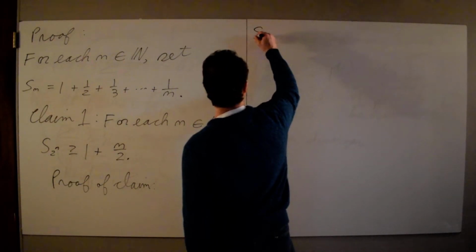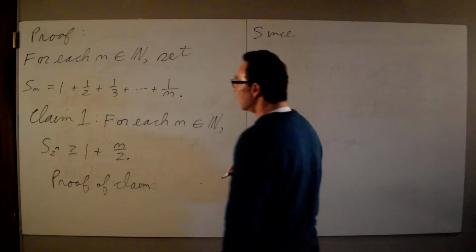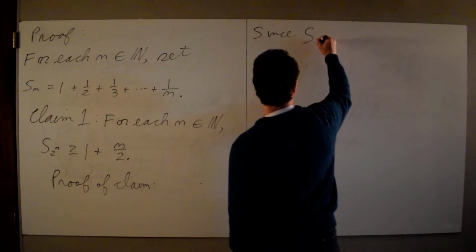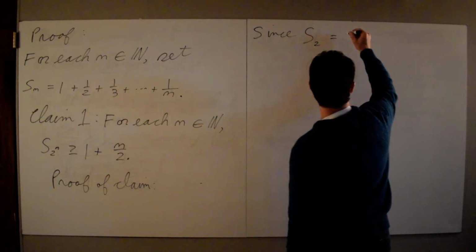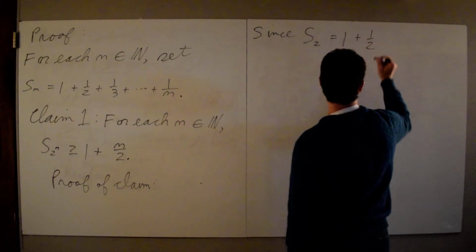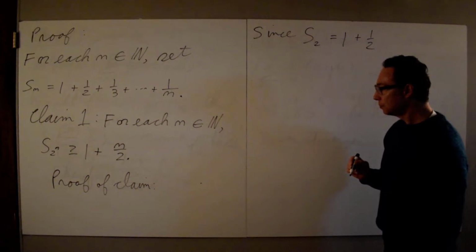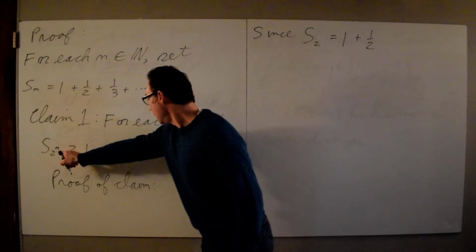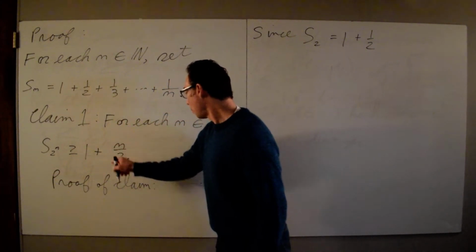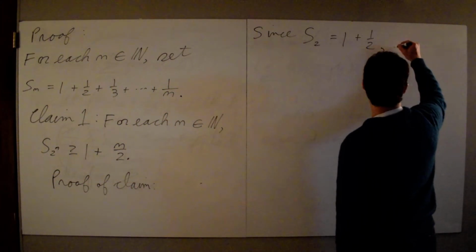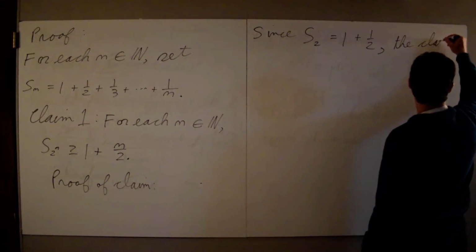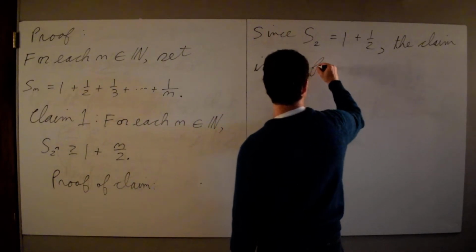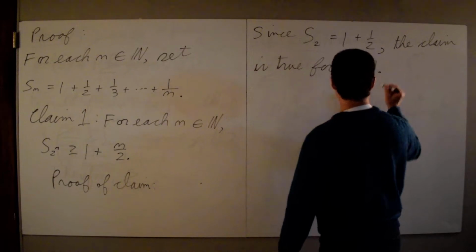Since s sub 2 is 1 plus 1/2, which for n equal to 1, our s sub 2 is 1 plus 1 over 2, the claim is true for n equal to 1.